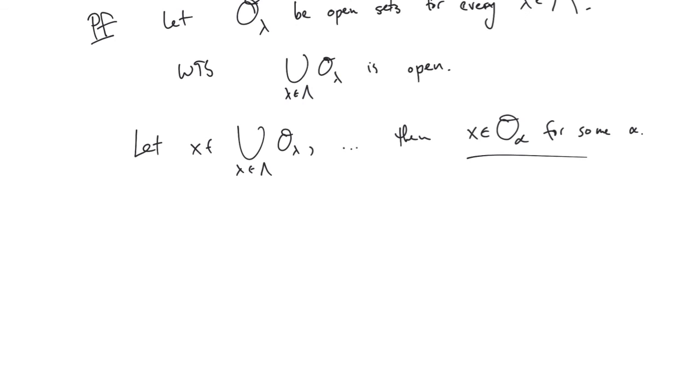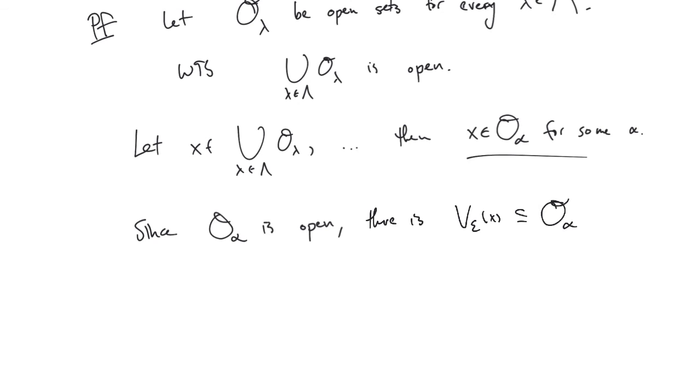All right, then I'm going to try and follow the old proof like it said before. The old proof said, since A is open, then there's some neighborhood, blah, blah, blah. So I'm going to say, since O alpha is open, which it is, we assumed up at the top here that O lambda are open sets for every lambda, then there is some neighborhood, V epsilon of x, which is a subset of O alpha.